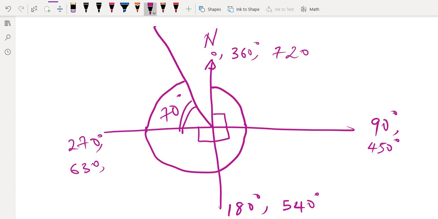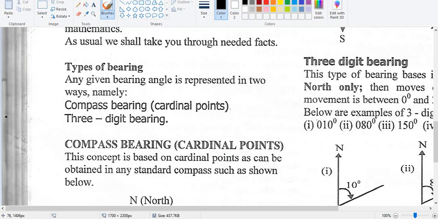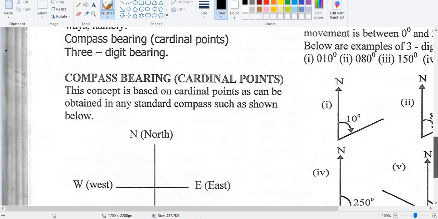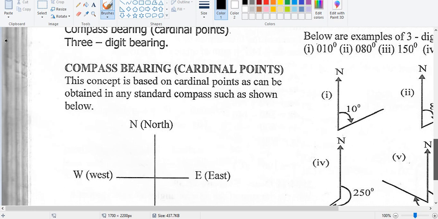Okay. So let's go back to the notes. So we have the compass bearing and the 3-digit or 3-figure bearing. Everybody reads compass bearing. You need any standard compass shown below.